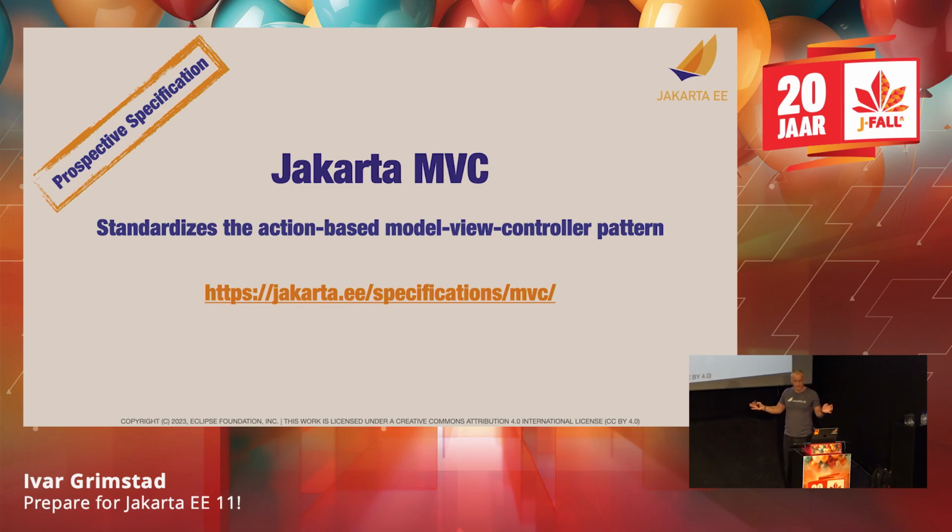They're not required specifications. They're prospective. So it's something to pay attention to, and you may want to implement it. The requirement for a prospective specification is that it has a release, an implementation, and a TCK that you can pass. So an implementation can put it in their application server, pass the TCK and say, yes, we support MVC. And then maybe it's included in a later release.